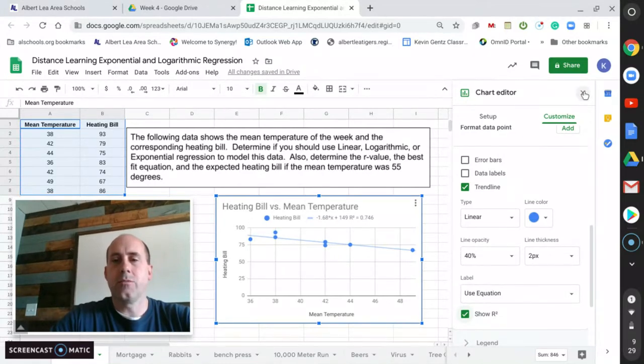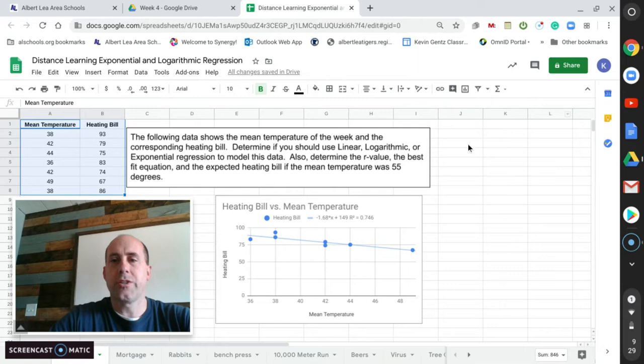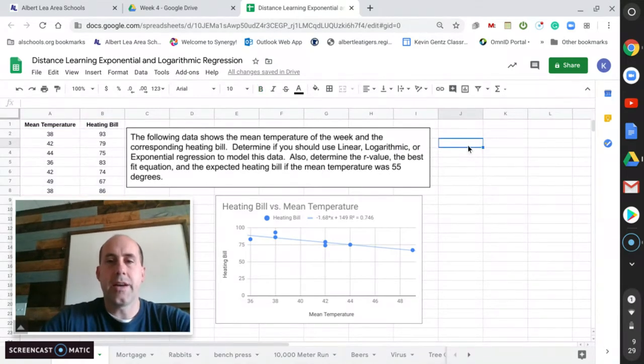That will allow me to answer some of these questions. It says, determine if you should use linear. We used linear. It makes a line. Determine the R value. R is equal to, I have to take the square root of 0.746.